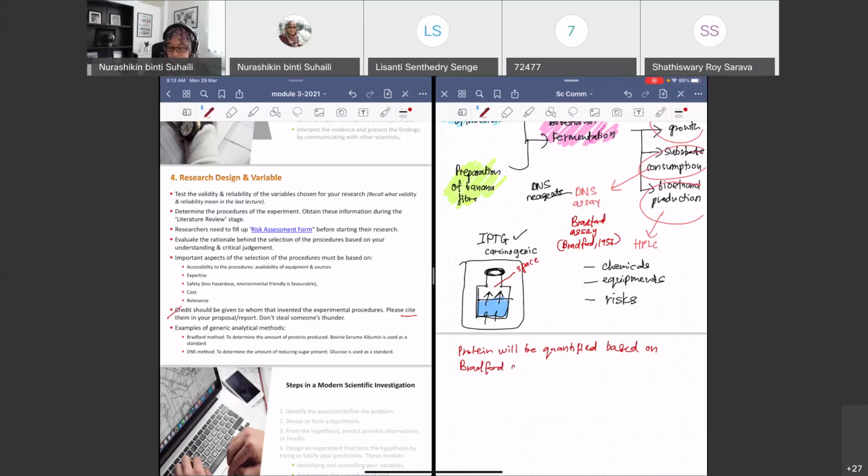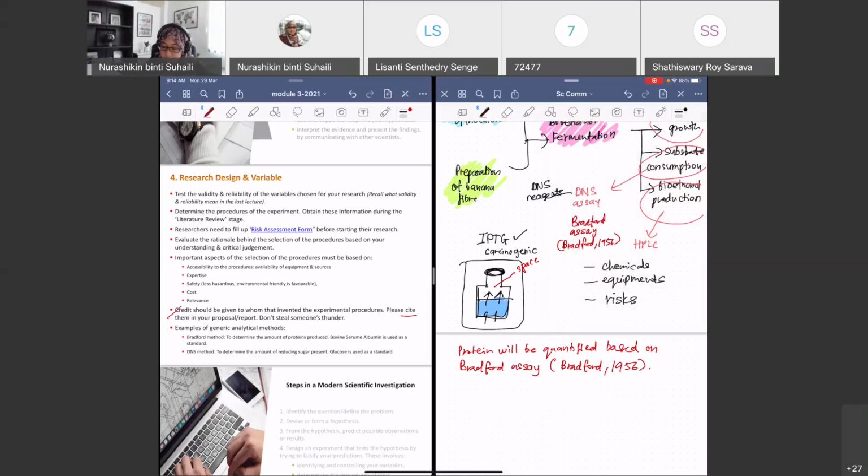Then you have to cite it by putting the reference, 1956. So for this statement, the readers will know that the Bradford assay is a method by Bradford, which was written in 1956.